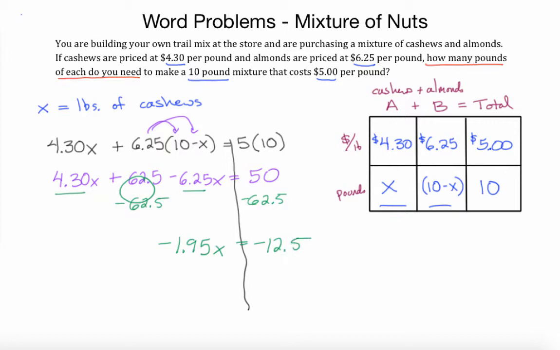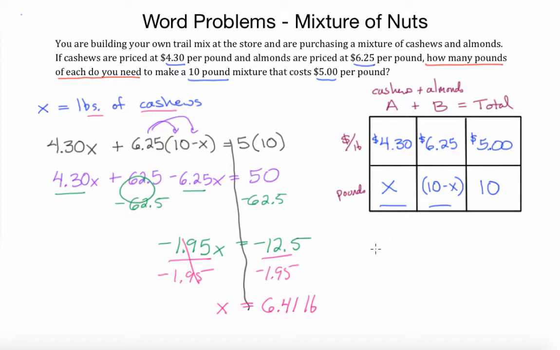All right, my last step is I need to divide both sides by negative 1.95. Divide those out, and we see that x equals, I'm going to need to round it a little bit, it didn't come out perfectly, but we get approximately 6.41 pounds. All right, so what is that 6.41? Well, we defined x to be the pounds of cashews.